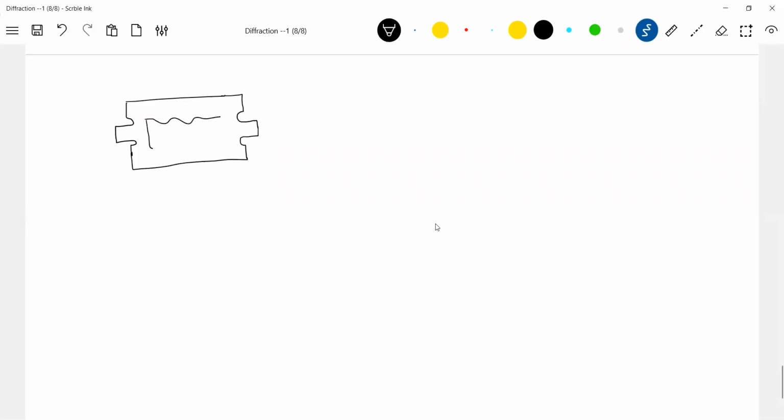Some design will be there inside. This will be the blade, no? I think it will be like this. I think in the NCERT book or another book it is given. So there's a blade. Now, what is the slit? You cut that blade into two parts, or you can take two blades.